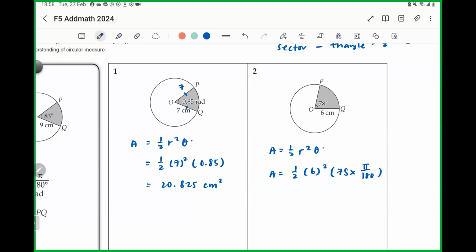Then use calculator only. 0.5 times 6 squared times 78 times pi over 180. 24.5, I think. Help me to check also whether I'm correct or not. Yes. Any problem for the area of sector?